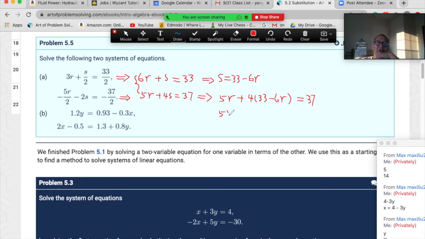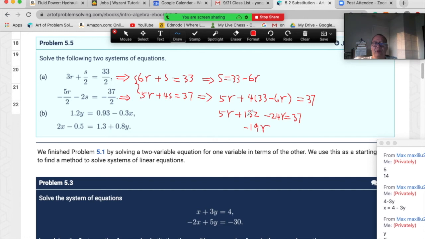So now let's simplify this. We get 5r plus 132 minus 24r equals 37. Okay, so now let's merge like terms. 5r minus 24r gives us negative 19r.